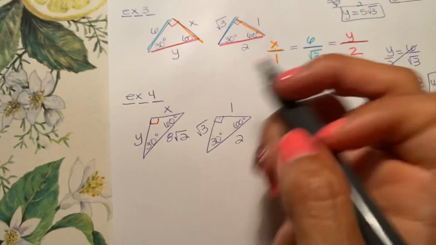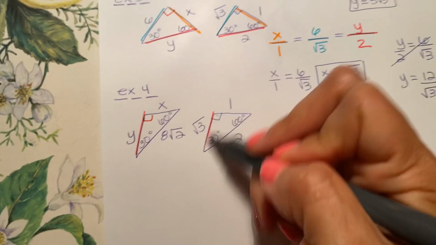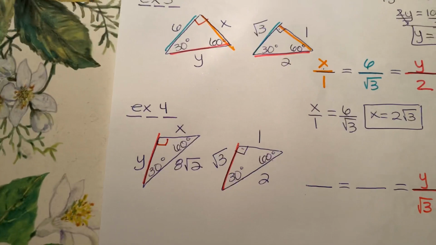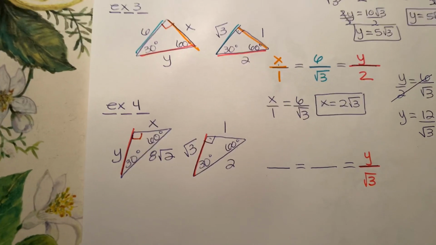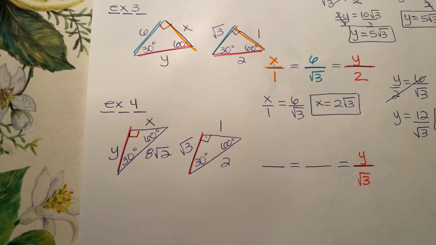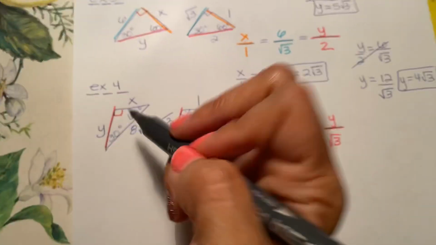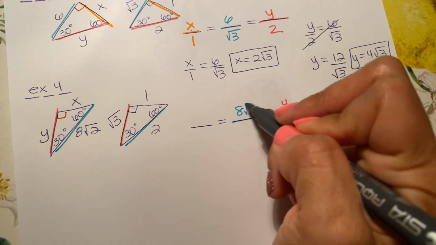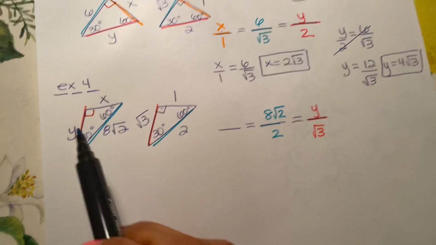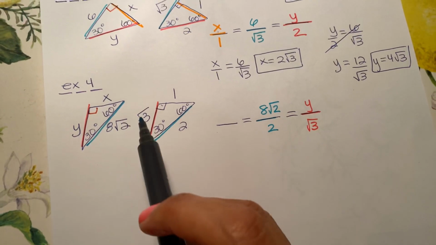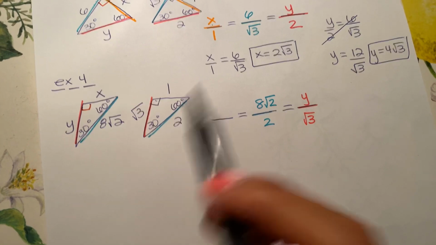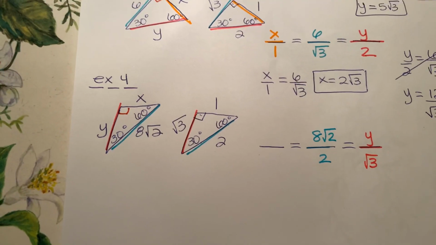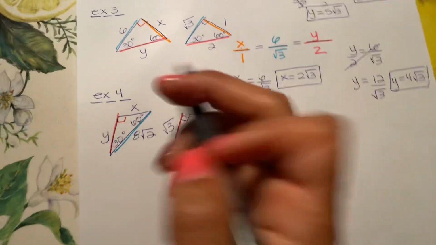The shortcut is like fast. This one's adding the minutes. Oh, whoops, 8 rad 2 over 2. Oh my God, don't mess up, man. Let's see, y over rad 3, 8 rad 2 over 2. Okay, I was only gonna write the 8, that's why. Don't mess up.